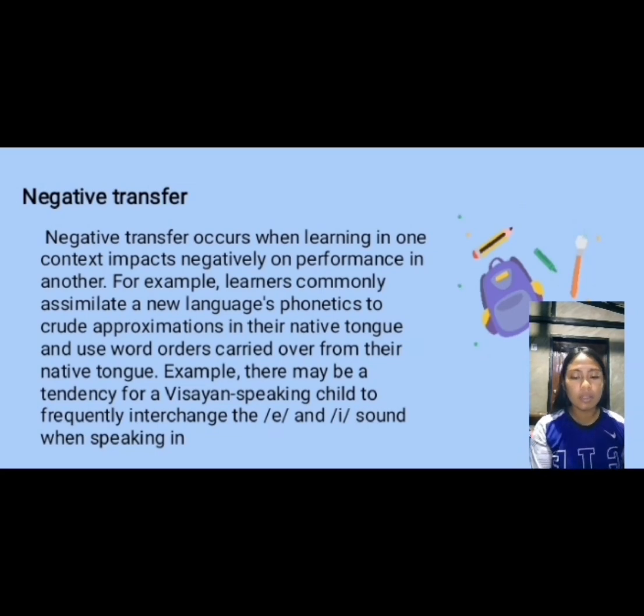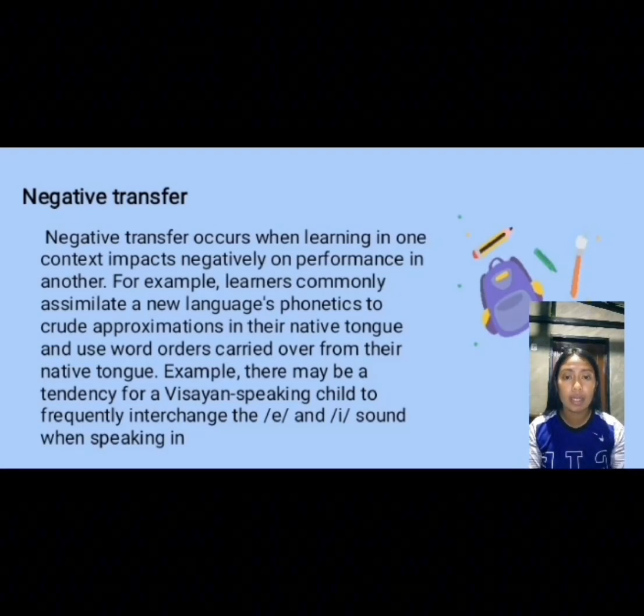So, for example, sa negative transfer is kapag natuto tayong mag-drive ng motor na walang clutch. 'Di ba pag nasanay tayo na mag-drive ng motor na walang clutch? Tapos pag pinag-drive tayo ng motor na may clutch, 'di ba mas nalilito ka or nahihirapan kasi nga mas nasasanay ka sa motor na walang clutch.